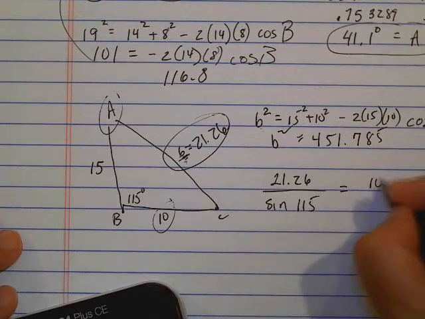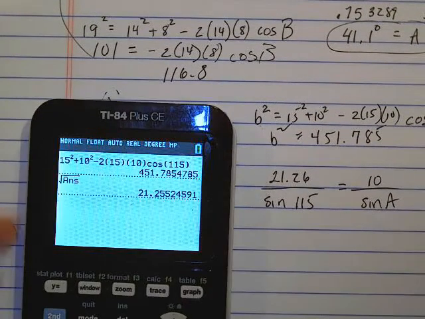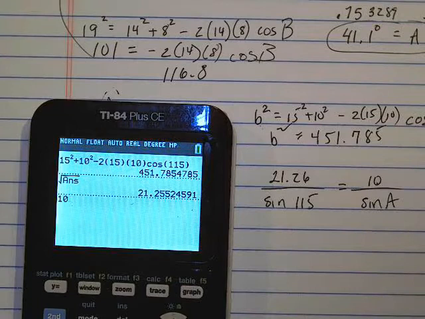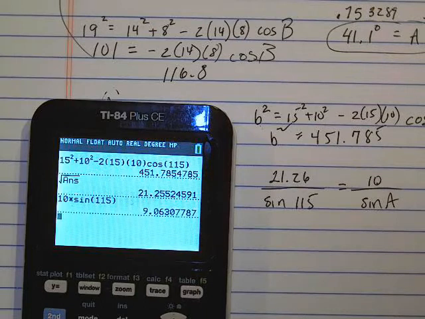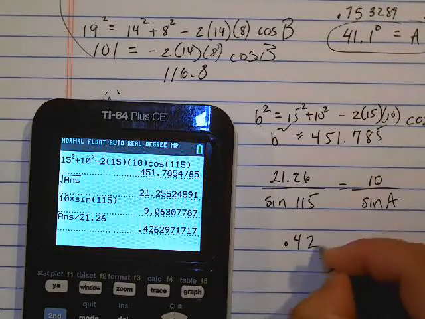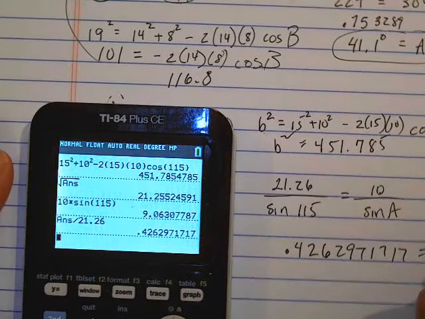So 10 over sine A. So I'm going to have to do this times this, divide by that. So 10 times sine 115 divided by 21.26. So 0.42629711717 equals sine of A.